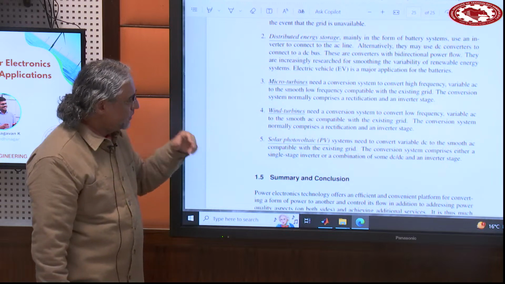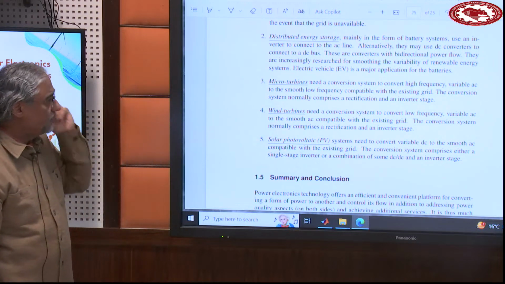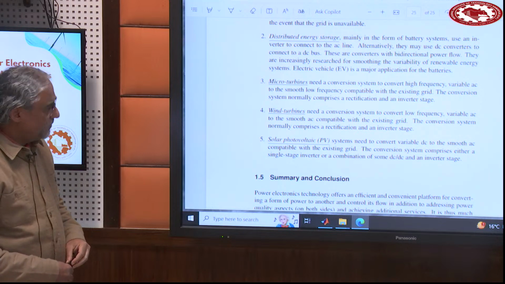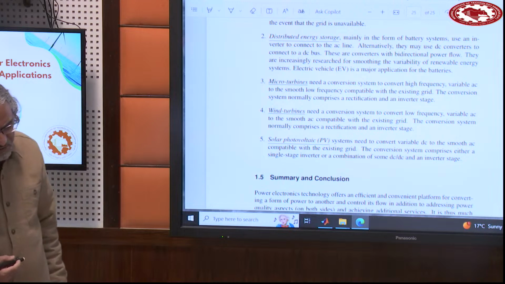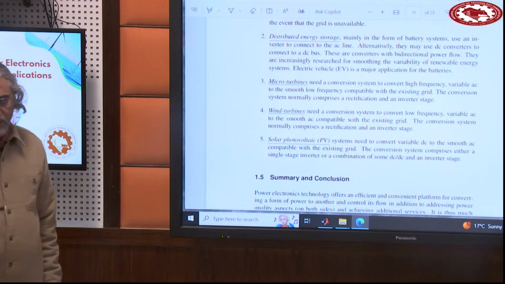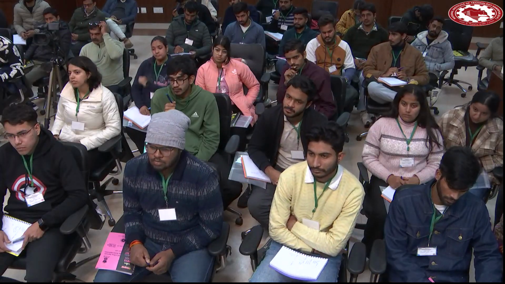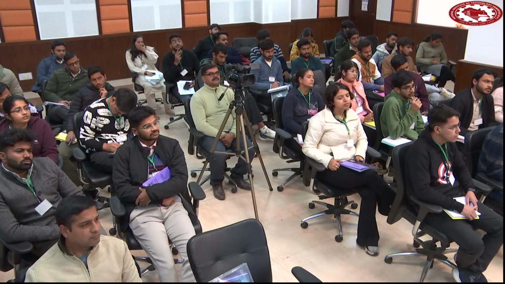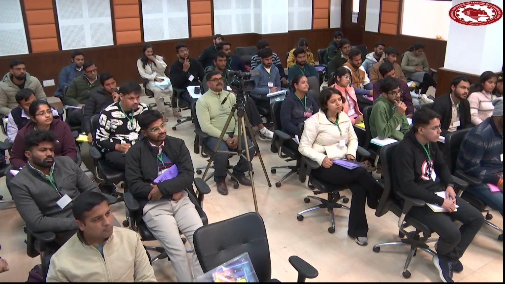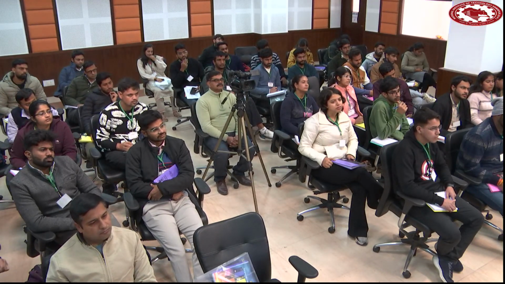Microturbines, we said, are basically generators that generate, normally based on natural gas, a very high frequency AC. For that reason, these are compact devices that can generate a larger amount of energy at a smaller size, at a higher frequency, 1 kilohertz to 2 kilohertz.